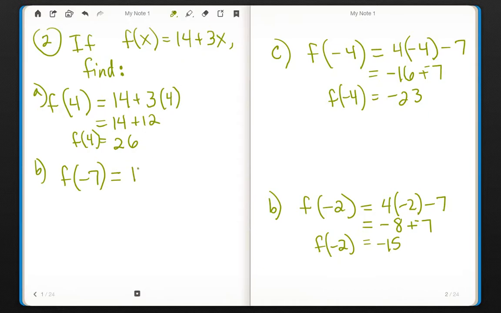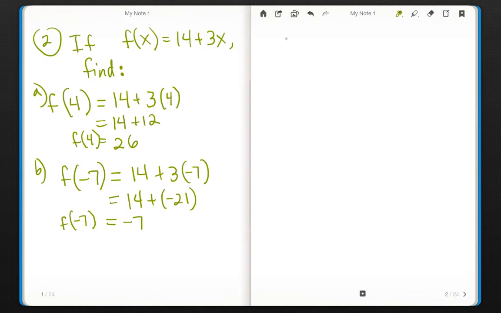It says 14 plus 3 times x, so 3 times -7 equals 14 plus a -21. We have different signs, so we find the difference, and the negatives win by 7. So it turned out that f of -7 is equal to -7. So that's how you would use function notation. You can evaluate it for different values of x, and you plug it in.